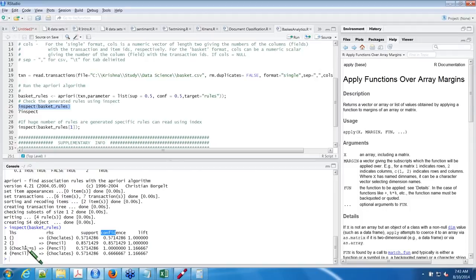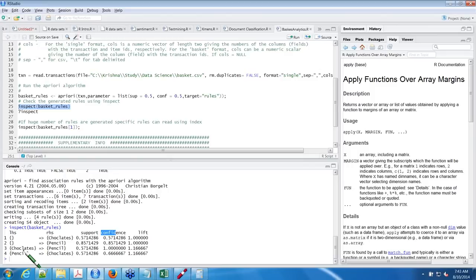Okay, so that's how you determine which products are purchased together, and what products can be put together for promotions. So one product you will promote, which in turn results in the sale of multiple products. That's the main objective of this market basket analysis.